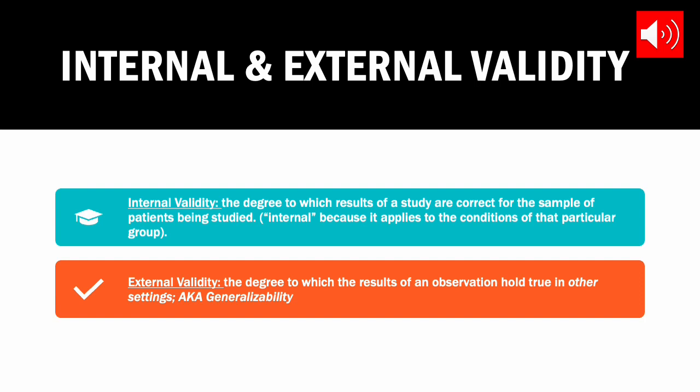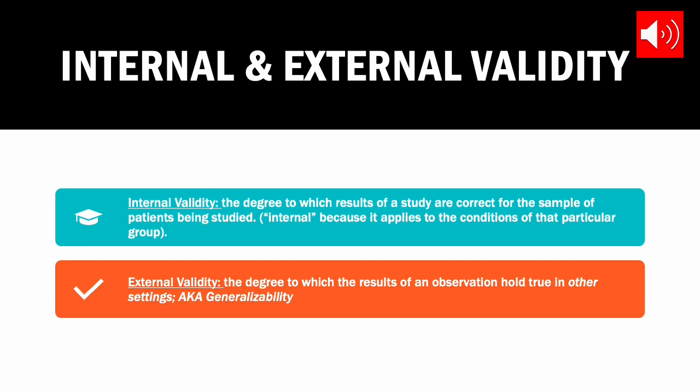When you're talking about validity, we have two different types: internal validity and external validity. Internal validity is the degree to which results of a study are correct for the sample of patients being studied. So it applies to the conditions of that particular group.